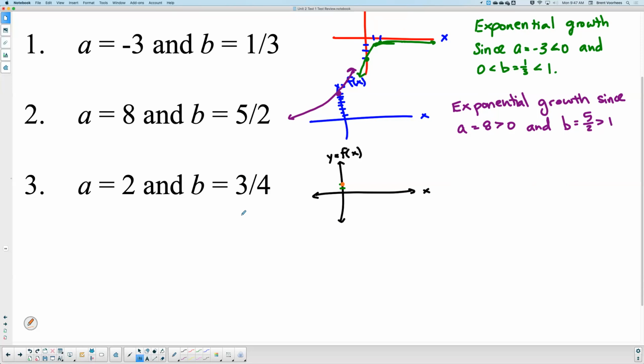So where will my next point be? That's like 0.75. What's 2 times 0.75? It's close. It's not 1.75. It's 1.5. So if I went over 1 unit, I'd be at 1.5 right there. So what does it look like is happening to this graph? This is exponential decay. Now, it shouldn't actually come even with the x-axis. It's always decreasing, which means it's exponential decay.